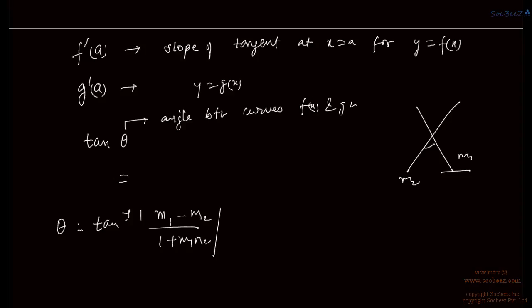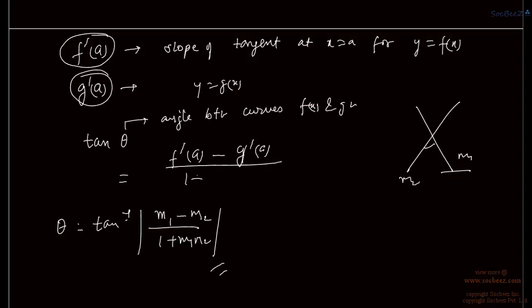We have learned this in coordinate geometry. So tan theta is equal to modulus of (f dash a minus g dash a) upon (1 plus f dash a g dash a), right? This is how we can calculate the angle between two curves.